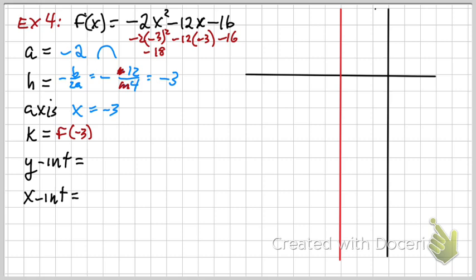Negative 12 times negative 3 is positive 36. Negative 16. So I've got negative 34, positive 36. So 2. So my vertex is at the point negative 3, positive 2. So it's right there.